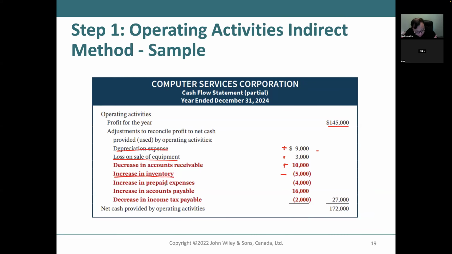Increase in prepaid expense, you deduct, since prepaid expense is a current asset. Accounts payable is a liability, increase in liability, you add. Income tax payable is a liability, decrease, so you use minus. That's how you do this type of question. Does that make sense, Pika? Just conceptually, this is a procedure. Are you okay?